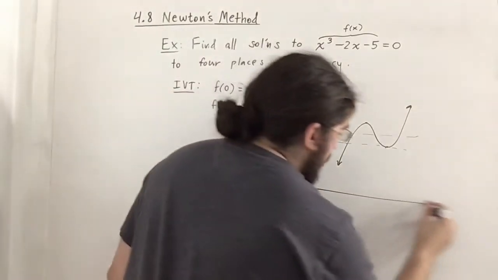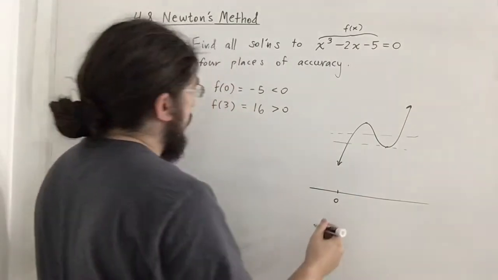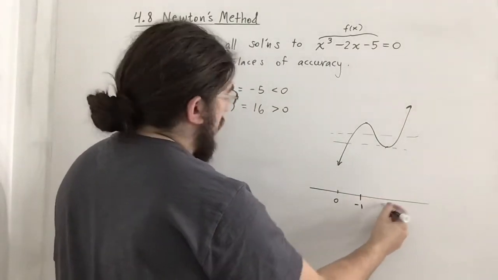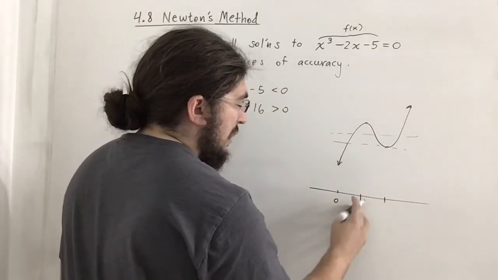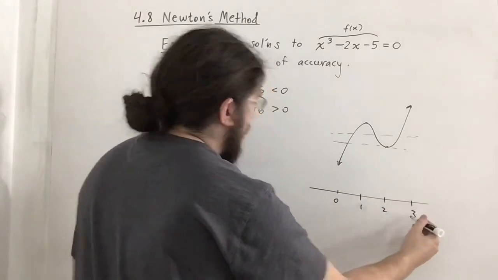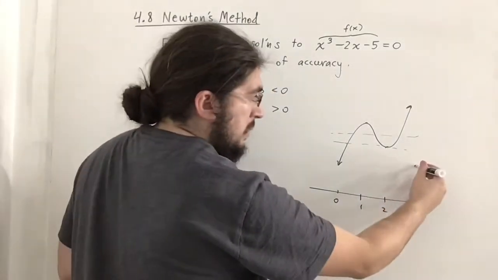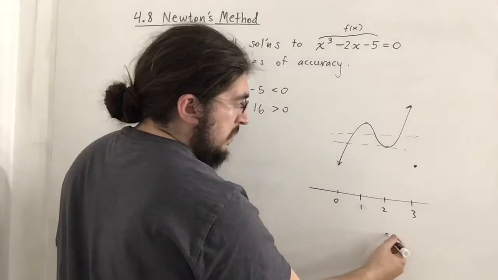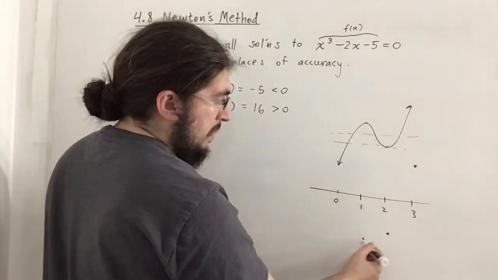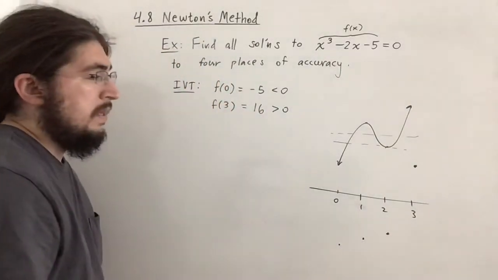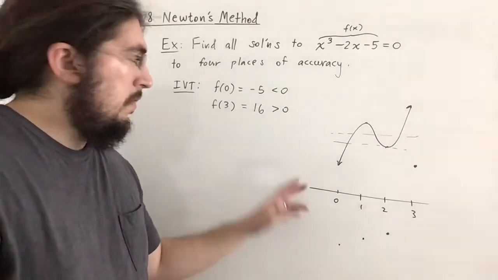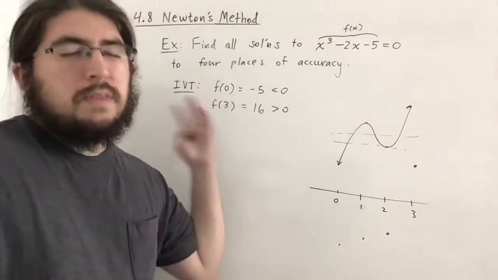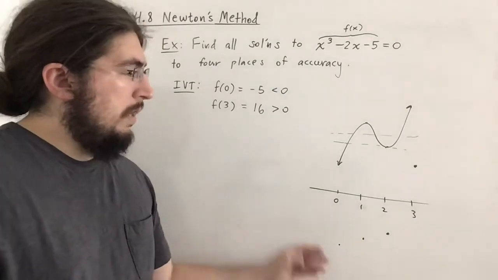So basically what we found out is that if 0 is over here, and then positive 1, positive 2, and then 3, we've shown that 3 gives us a positive value, 2 gives us a negative value, 1 gives us a negative value, and 0 gives us a negative value. I didn't actually list them out, so I can't go back to them.